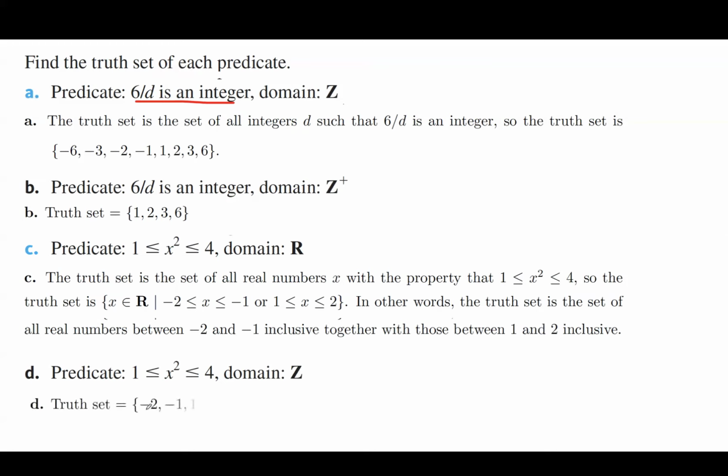The true set includes -2, because -2 to the power 2 is less than or equal to 4. It includes -1. If you plug in -1 here, -1 squared is going to be 1, which is more than or equal to 1. If I plug in 1 here, the same. And if I plug in 2, we get 4, which is less than or equal to 4. So you see a change in the form of the true set if I change the domain from R to Z.